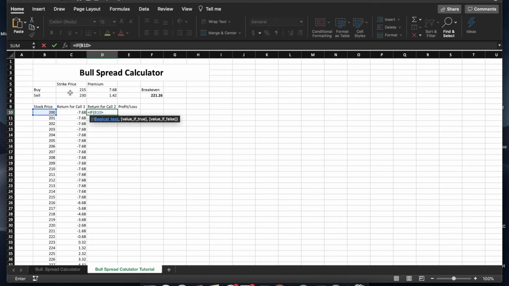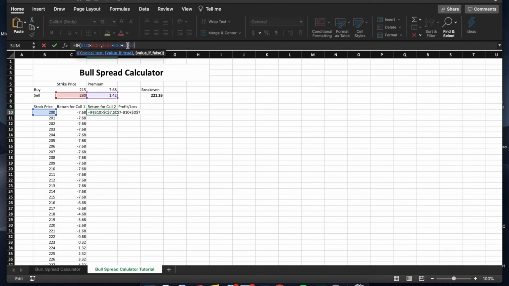So now the formula for the return for call 2 is somewhat the same. What you'll do is, if the stock price is greater than the sell strike price, then take the sell strike price and subtract the stock price. Make sure to lock the strike price cells again, plus the premium received or the credit received, which is $1.42 in this case.